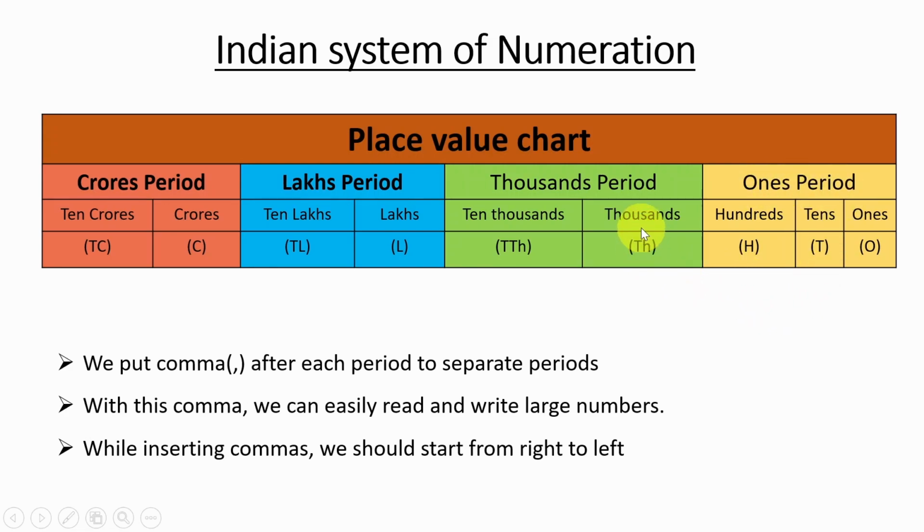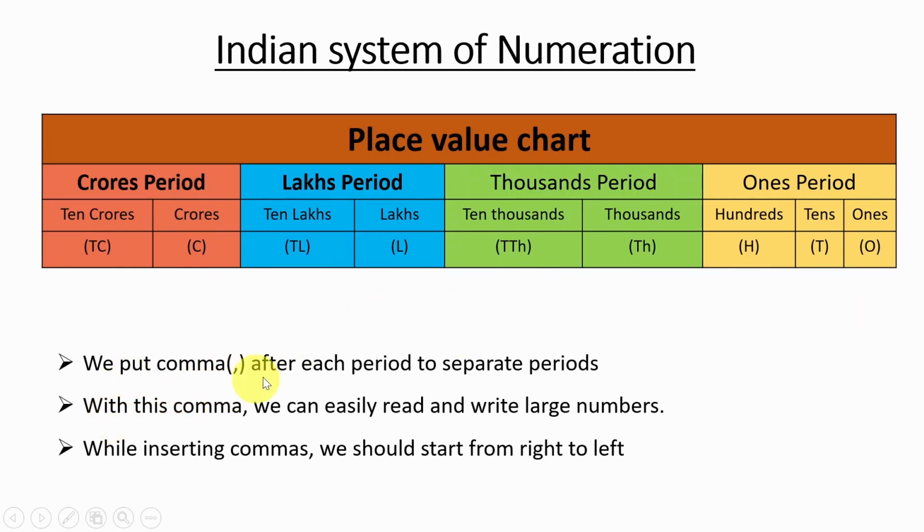Next, thousands, 10,000s belong to the thousands period. This is one group, and lakhs, 10 lakhs belong to the lakhs period. Crores, 10 crores belong to the crores period. So, four groups are there.